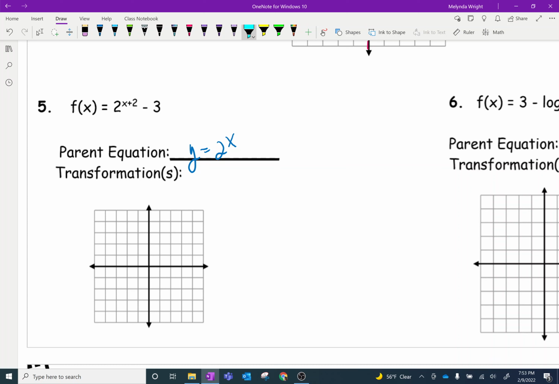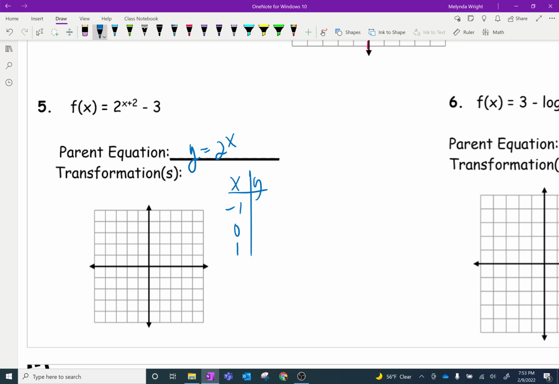All right, so what we're going to do is graph the parent, and then graph the transform. We're going to talk about what transformations exist on number 5, and we're going to graph the new, the transformed equation. So we've been graphing the parent ones for a while, -1, 0, 1. You can add some 2's and -2's in if you want, just so you can get a good picture of what's going on. 2 to the -1 is 1/2, 2 to the 0 is 1, 2 to the 1 is 2.